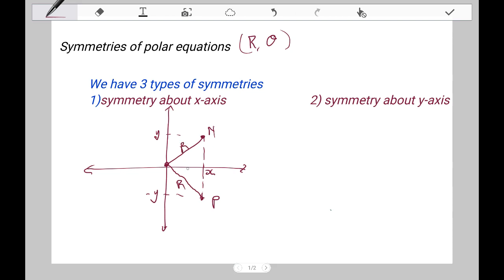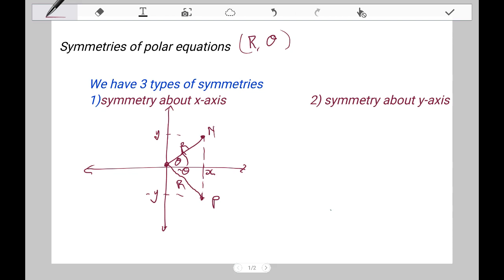Theta is the angle from the positive x-axis to that point. This is theta here. If we count anticlockwise, theta is positive, but if we count clockwise, theta is negative. So here I have a negative theta, while there I have a positive theta. So these two points are symmetric about the x-axis.